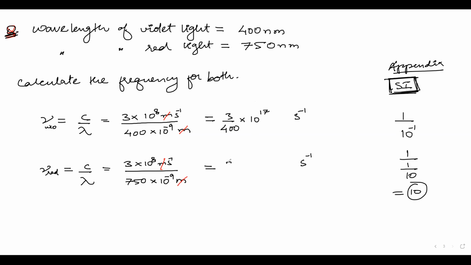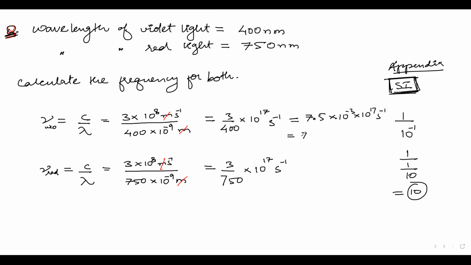Here also this will be 3 upon 750 into 10 to the power 17. Okay, guys. Now Hiba and Hamza, I'm waiting for your answers here. This will be equal to 7.5 into 10 to the power minus 3 into 10 to the power 17 second inverse.